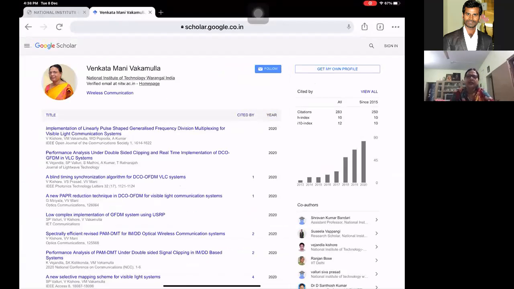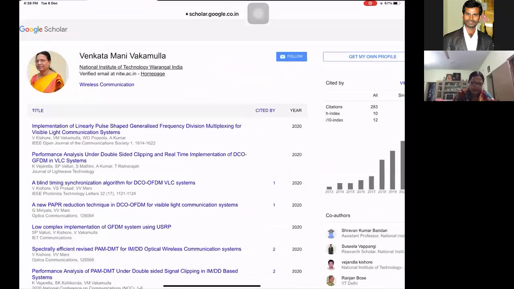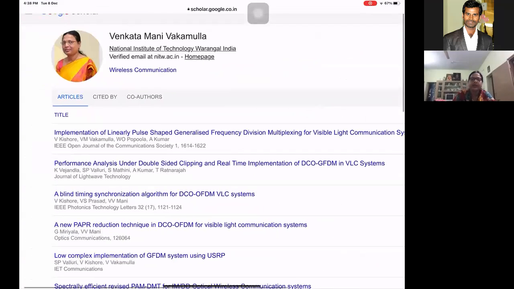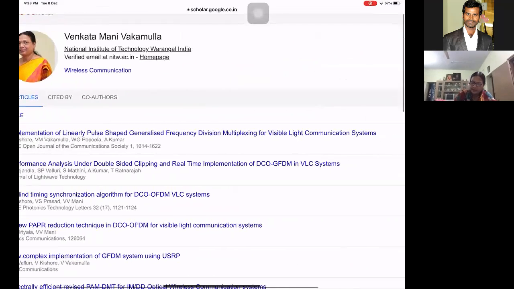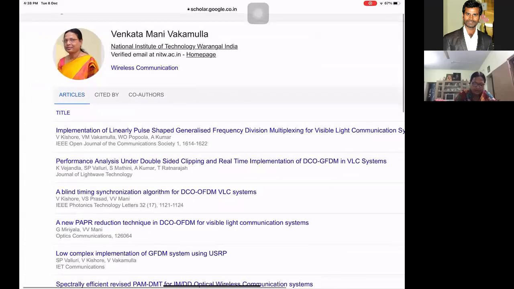So this is our current work. You can just search through your Google Scholar citations. Recently we have published one paper on implementation of linearly pulse-shaped generalized frequency division multiplexing for visible light communication systems. This is with the Journal of Communication Society.